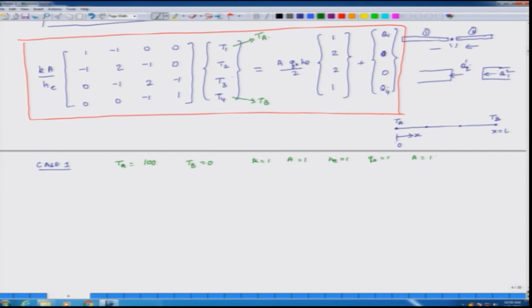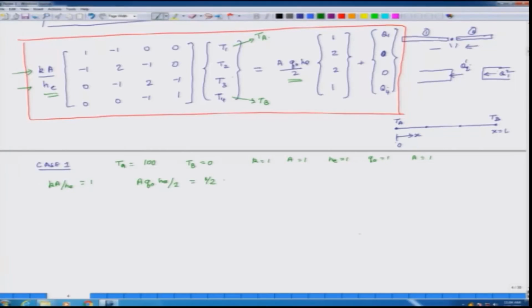Okay. So, this K A over H E equals 1, so this term and this term is also equal to 1. This term becomes 1 over 2, this term becomes 1 over 2, A Q naught H E over 2 is 1 over 2.